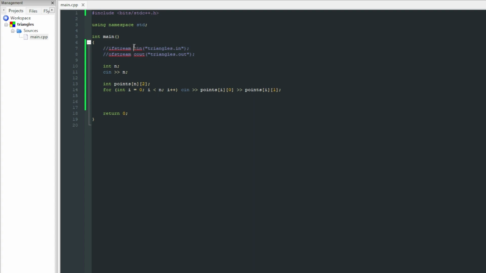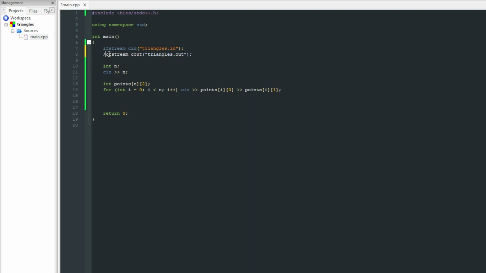So this is basically saying once this code is uncommented, cin is going to read from triangles.in, and cout is going to write to triangles.out, right? That way we can debug by commenting this out and running it in our own editor, and then we can actually submit it just by uncommenting these lines.